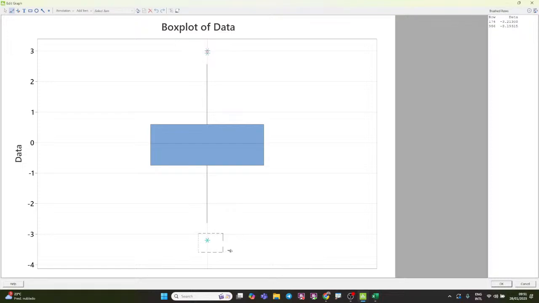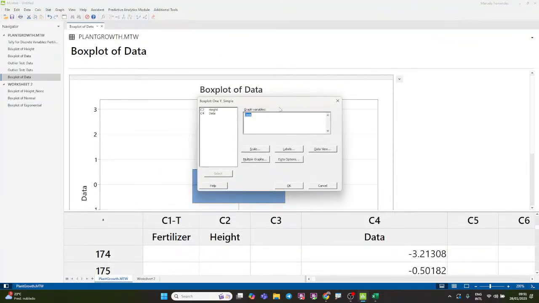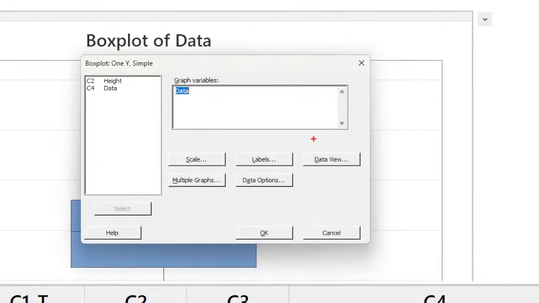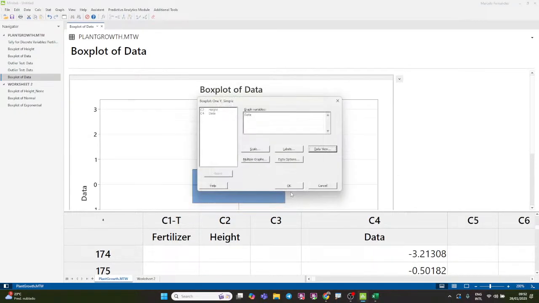So once again, if you ran an outlier test and you have evidence that you don't have outliers, you may consider going in data view, and then you just uncheck outlier symbols.